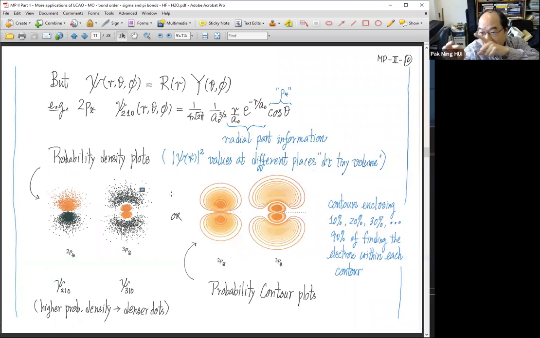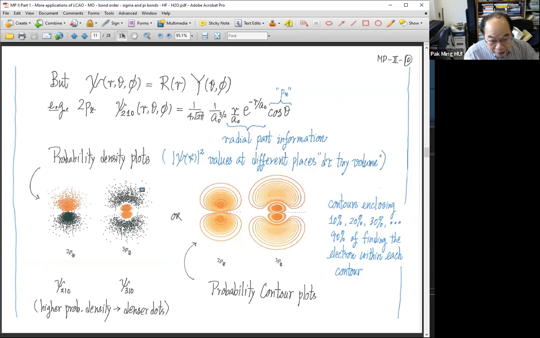You calculate this thing at that r theta phi, then you know what is the number there. It is the probability of finding the electron in this tiny box. This box is located at r theta phi, all right, in spherical coordinates. Depending on the number there, then you decide how many dots you put there, or else how dark you use the color there. Okay, you can use different colors. Darker means a bigger number and so on.